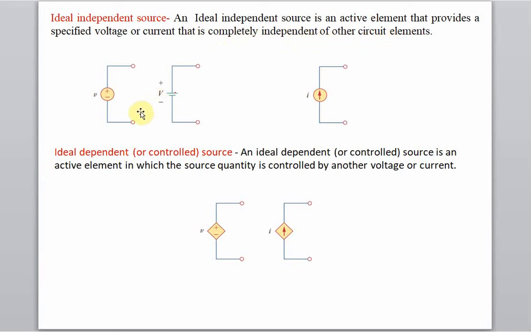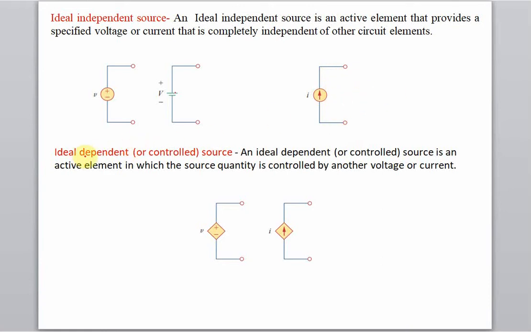Here are the examples of an ideal voltage source element. It can be represented like this, and this is an ideal current source element. It can be represented like this.